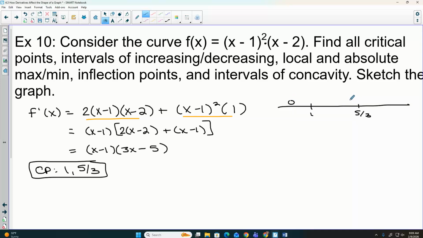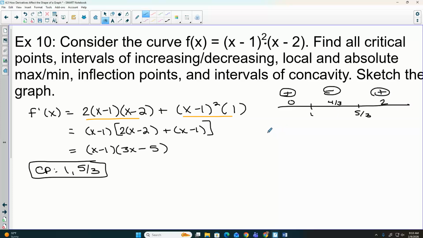In between 1 and 5/3, so maybe 4/3. Bigger than 5/3, so maybe a 2. So if I put in a 0, I have a negative times a negative, which is positive. If I put in 4/3, 4/3 minus 1 is positive. 4/3 times 3 is 4, minus 5 is negative, so positive and negative is negative. 2, positive and positive is positive.